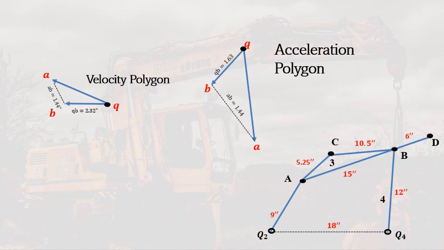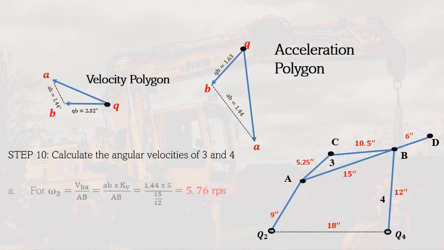So we also have questions, which is to get the angular velocities of 3 and 4, as well as angular acceleration. For the angular velocity of 3, which is this linkage here, ABC, and the angular velocity of 4, which is this one here, Q4B, we can use this formula.